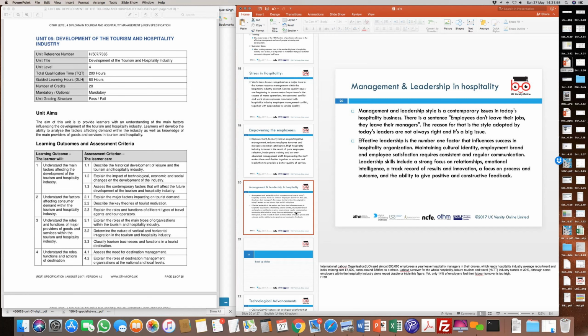So leadership and management is considered one of the more important issues within this sector, because if you have a good leader and a good manager, then they are able to reduce staff turnover, or labor turnover in this case. So most hotels, when they look at hiring general managers or people in senior management positions, look at the number of years of experience, having worked within all the various departments of the hotel.